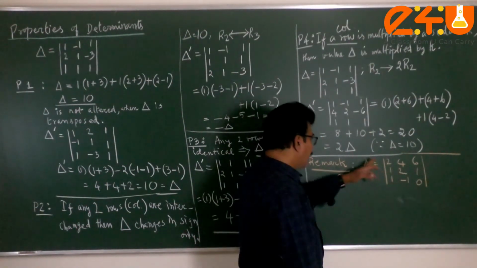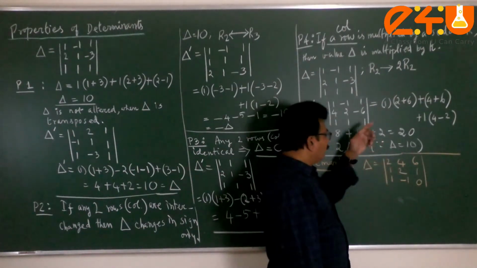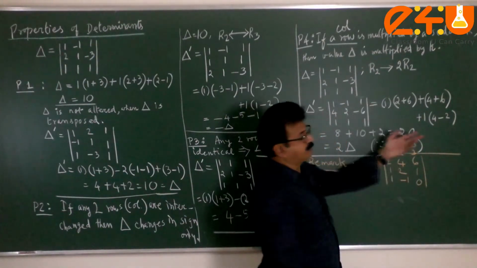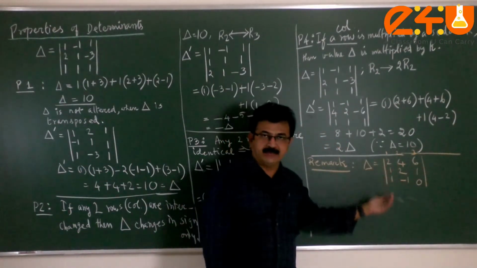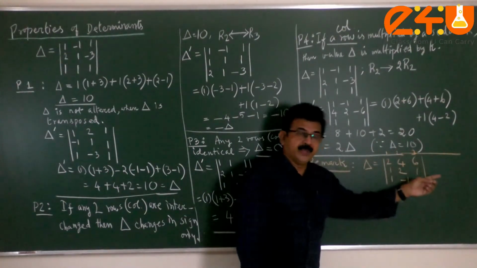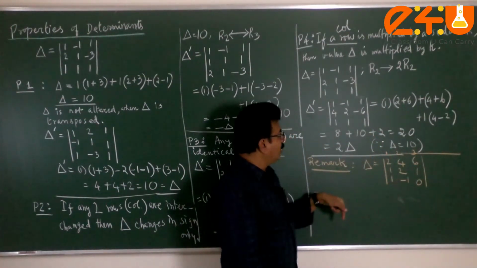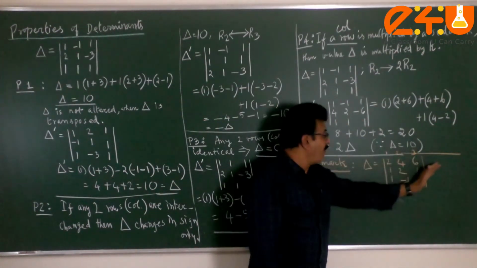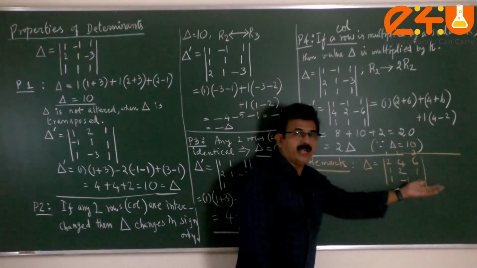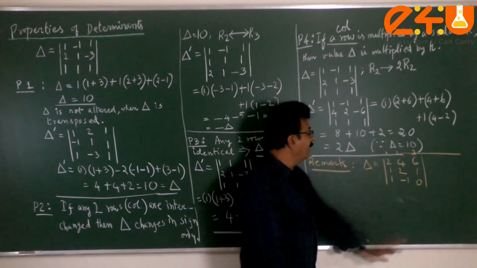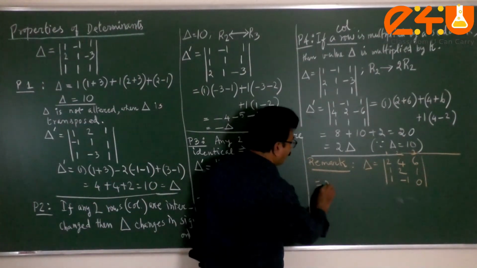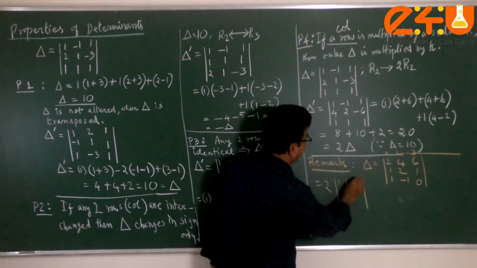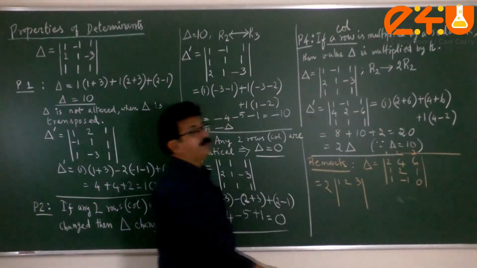That means row 1 is the elements 1, 2 and 3 multiplied by 2. If you make the elements half, you get 1, 2 and 3. Those numbers when multiplied by 2 give 2, 4 and 6. If row 1 has been multiplied by 2, then the entire determinant has been multiplied by 2, whereas the original row 1 will have only 1, 2 and 3, not 2, 4 and 6.